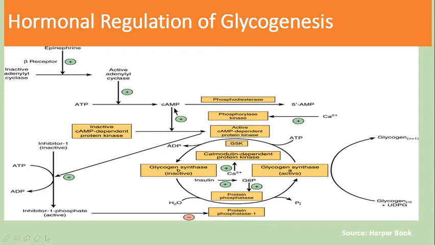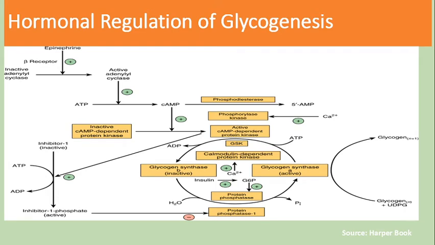The role of this cyclic AMP is to convert the inactive form of cAMP dependent protein kinase into an active form of protein kinase.